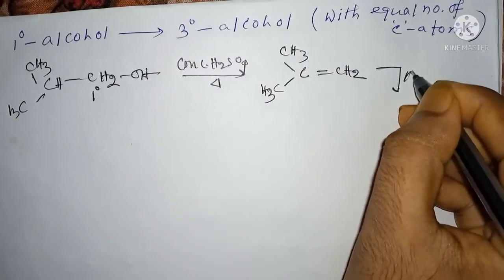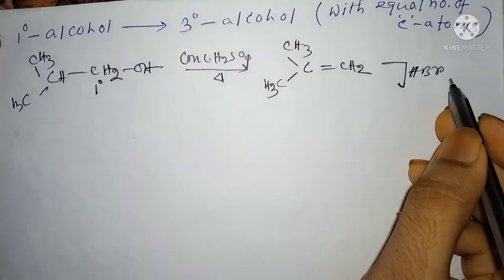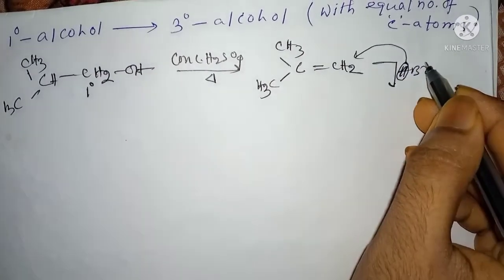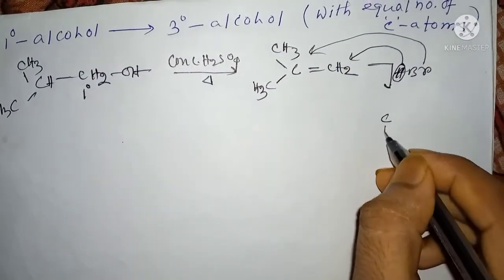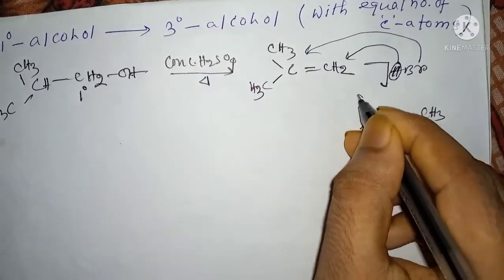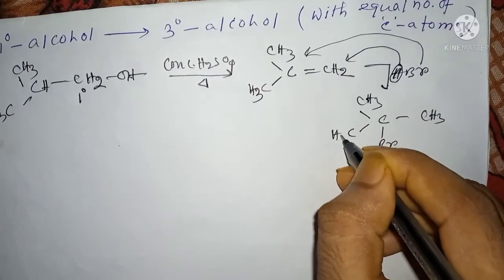Now in the presence of HBr, no peroxide, so this is the Markovnikov rule. So H attaches to this carbon and Br attaches to this carbon, giving (CH3)3CBr.